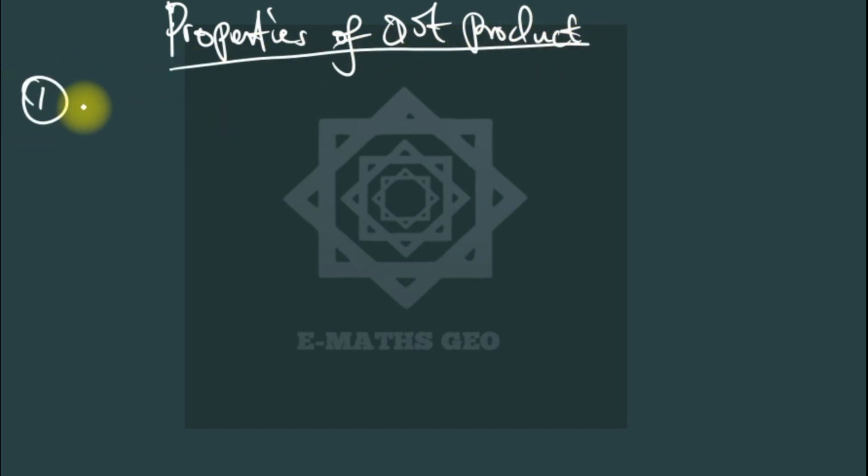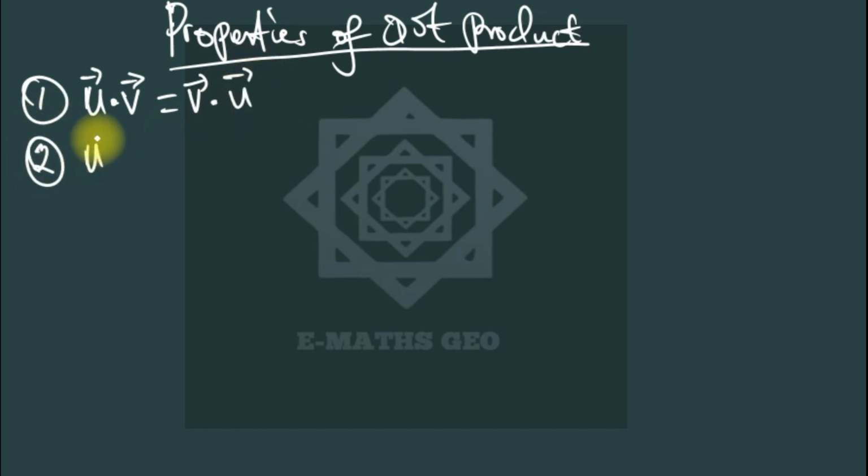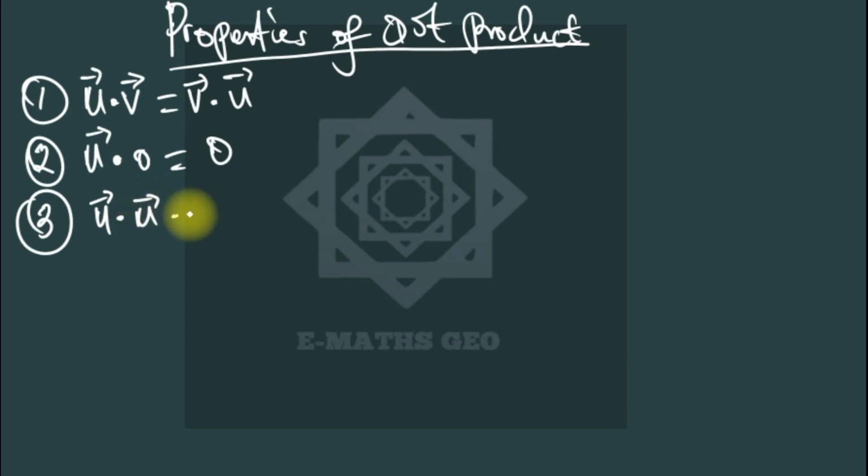So the first one is that if you have two vectors, u dot v is the same as v dot u. So that's the first property. The second one, u dot 0 is 0. The third one, u dot u is equal to the modulus of u all squared.